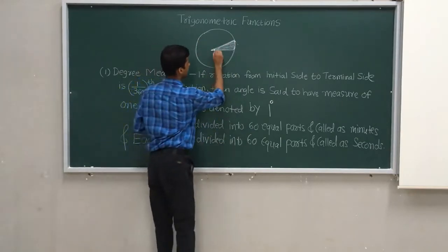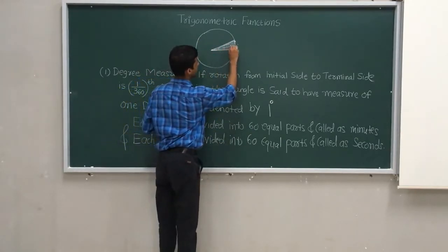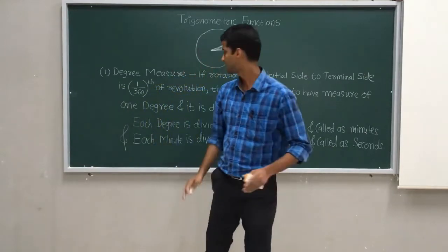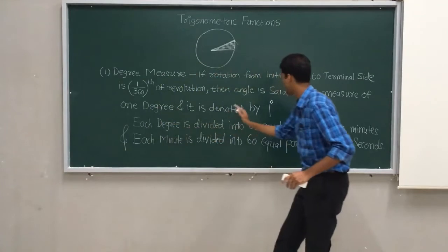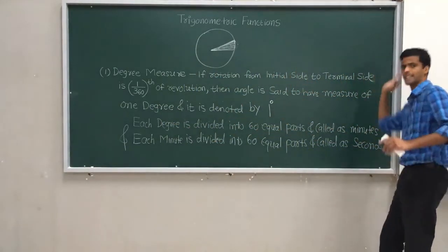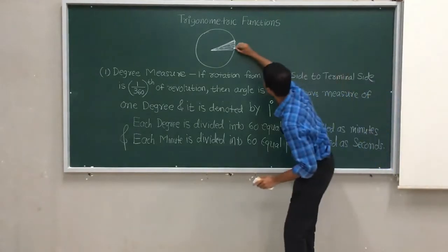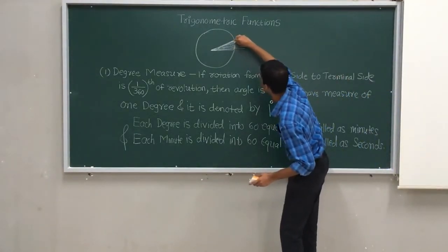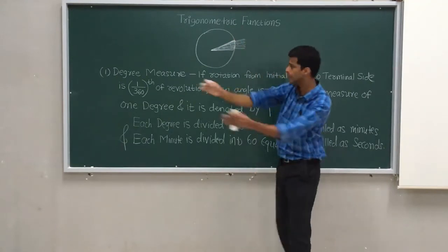Each degree is divided into 60 equal parts, and each part they call a minute. So this is a minute, this is a minute, and so on. All together will give you 1 degree.